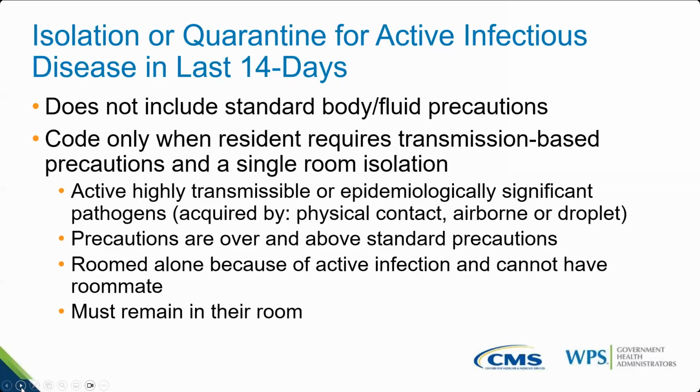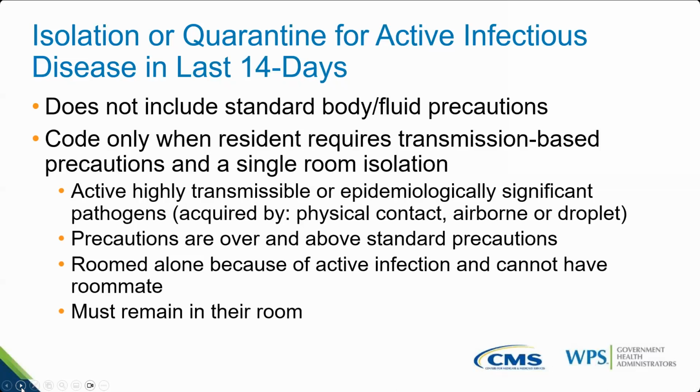You code this when the resident requires transmission-based precautions and single room isolation, so that's alone in a separate room because of an active infection. For example, symptomatic and/or having a positive test and being in a contagious stage. And that also is an infection that is highly transmittable.